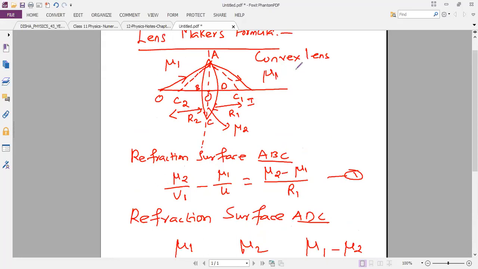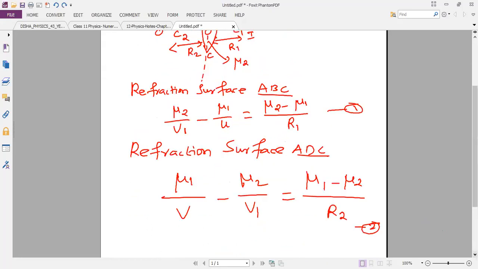So mu1 divided by v minus mu2 by v1, where v1 is the object now, equals mu1 minus mu2 divided by r2.